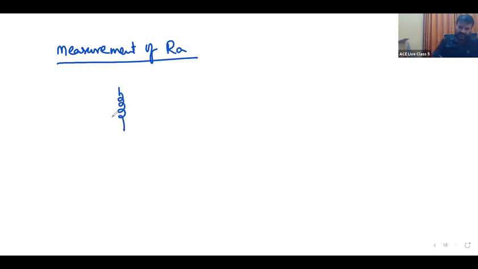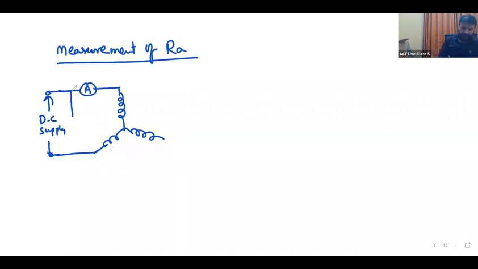The alternator is star connected. We will supply a DC voltage here. This is the ammeter, the DC supply, and this is the voltmeter, plus and minus.